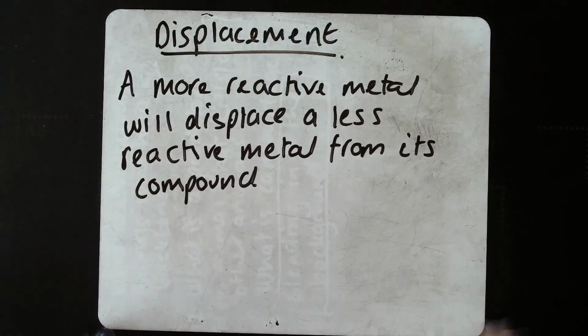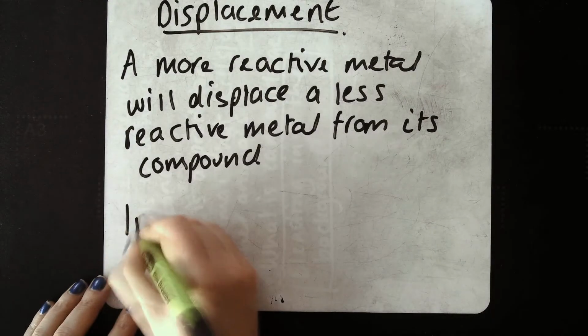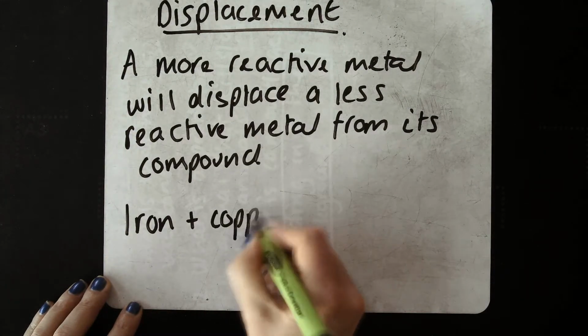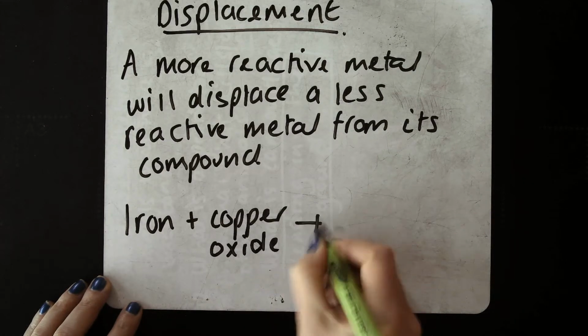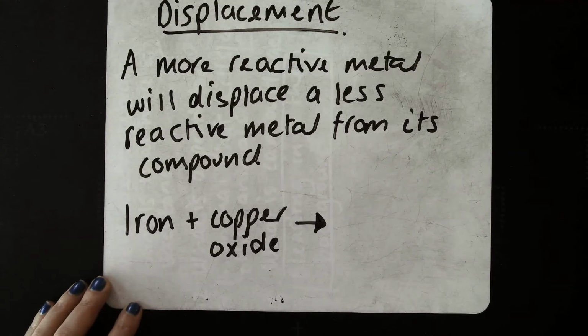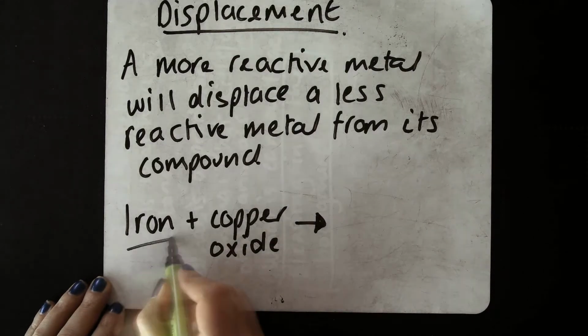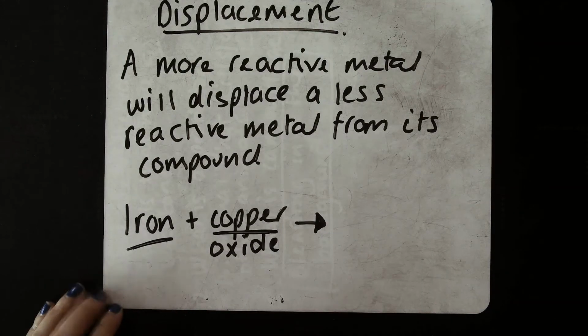So the example we can look at is iron and copper oxide. You only pay attention to the metals in the reaction. So iron plus copper oxide, what will happen? We've got iron and we've got copper. You think back to your reactivity series.